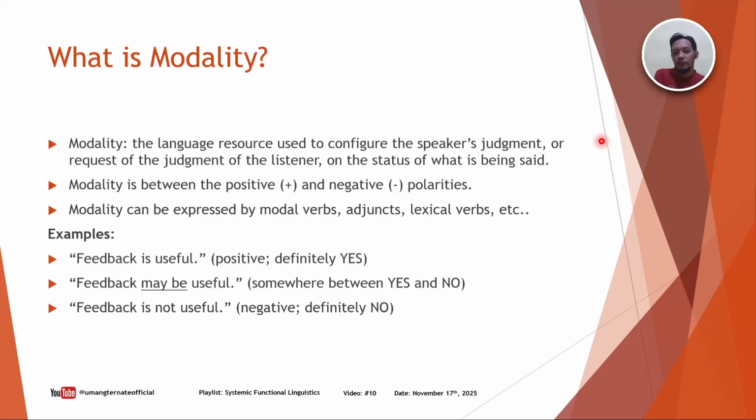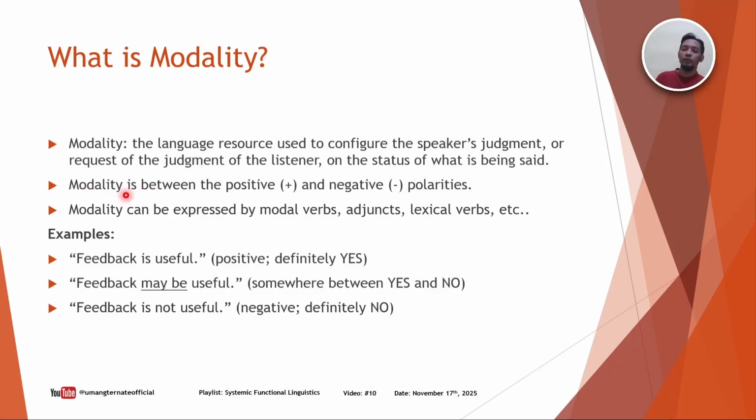In systemic functional linguistics, modality is understood as the language resource used to configure the speaker's judgment on the status of what is being said. Of course, although it is written the speaker here, it also covers the writer's judgment.